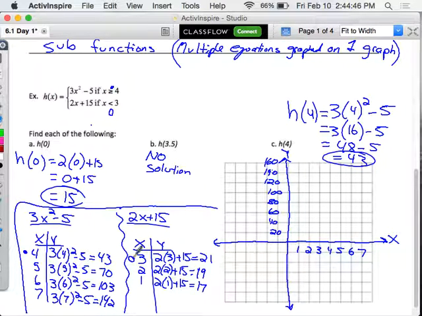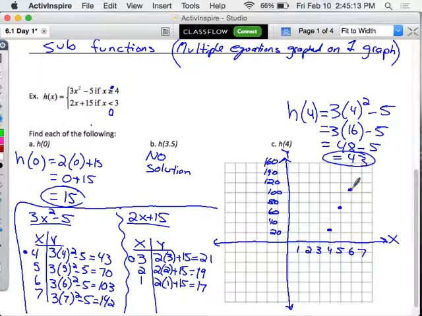All right, let's plot these. So 4, 43 is somewhere around here. Put a closed circle on 4. And then 5, 70 is somewhere around here. 6, comma 103 is somewhere around here.